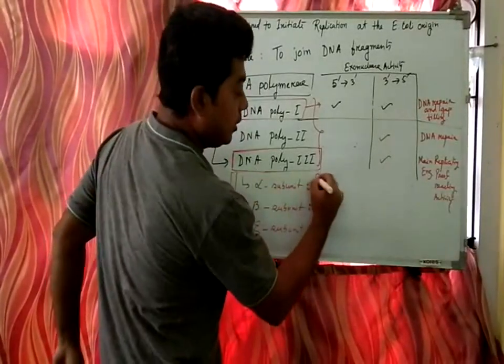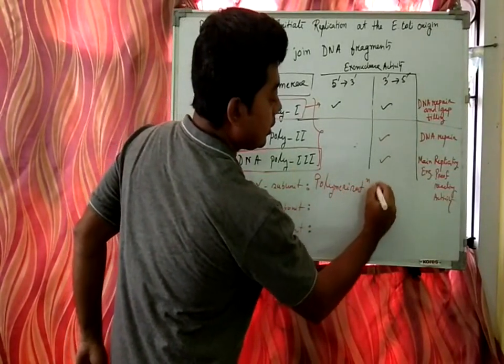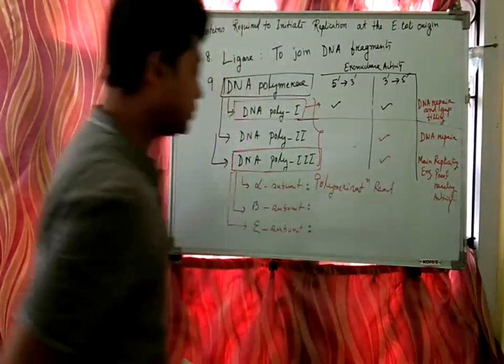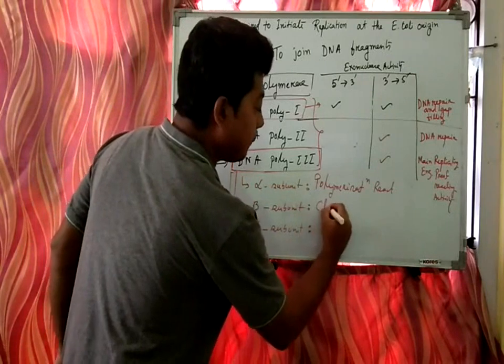The alpha subunit plays a role in the polymerization reaction. Okay, another one, the beta subunit, acts as a clamp.